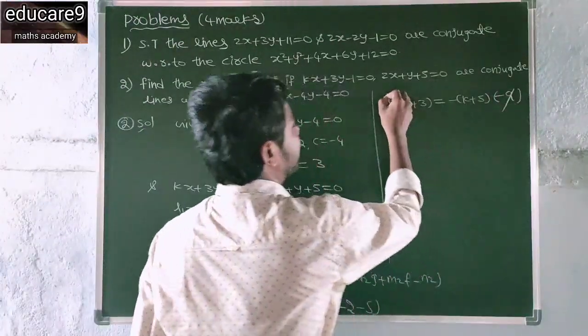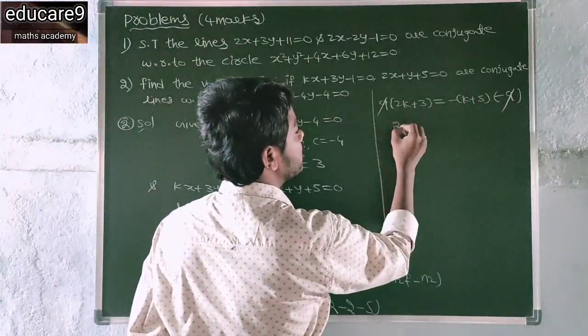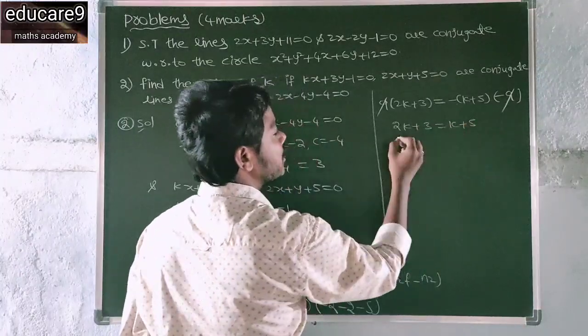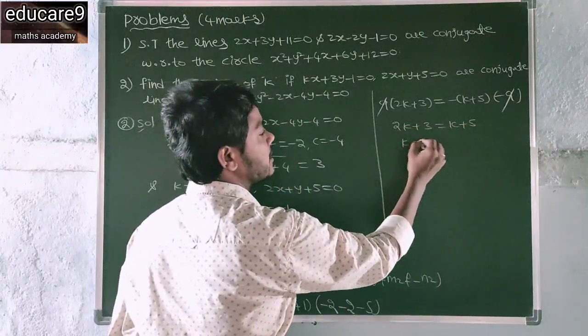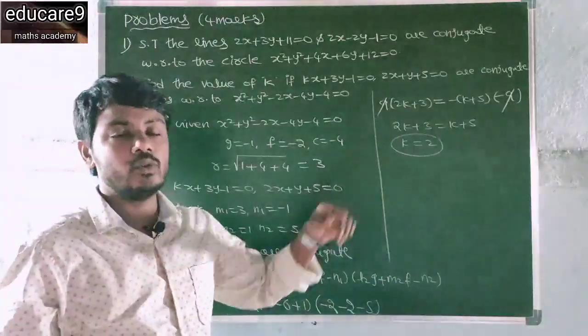So clearly 9 gets cancelled. Minus into minus is plus. So 2k plus 3 is equal to k plus 5. So 2k minus k, k is equal to 2. Therefore the value of k is 2.